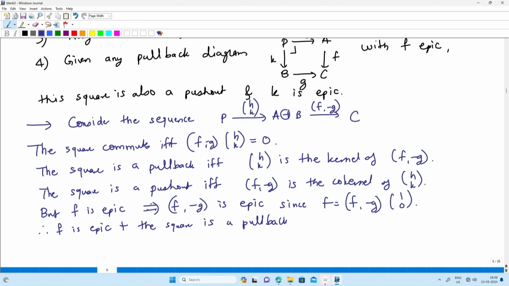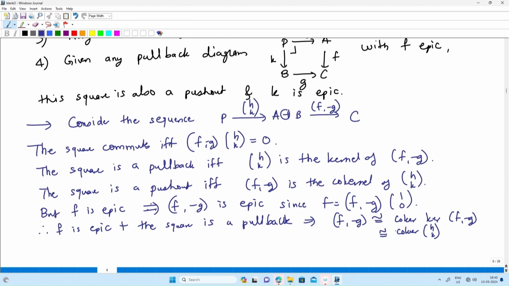Put both of those pieces together, this will imply that (F, minus G) is isomorphic to the co-kernel of the kernel of (F, minus G), which is isomorphic to the co-kernel of (H, K).